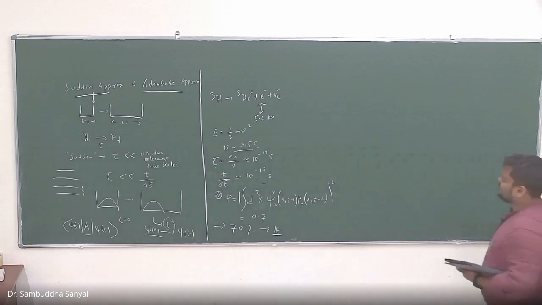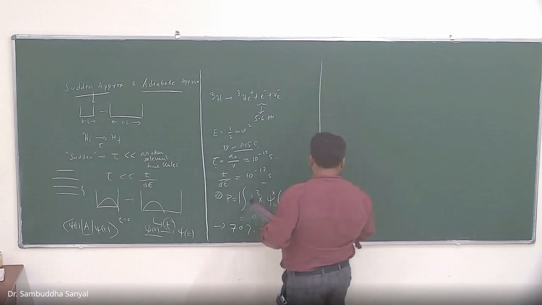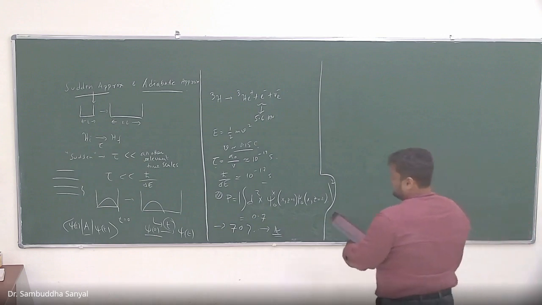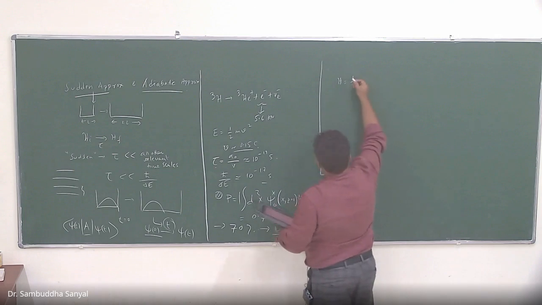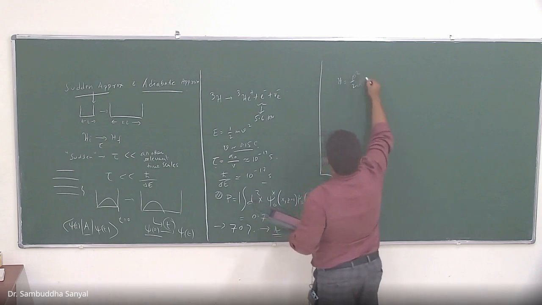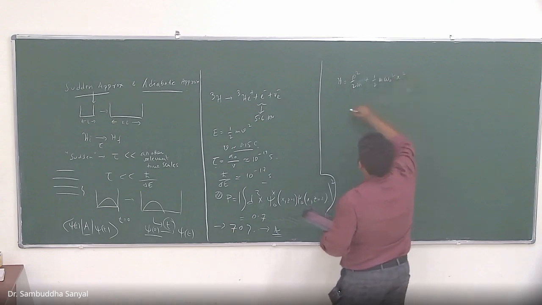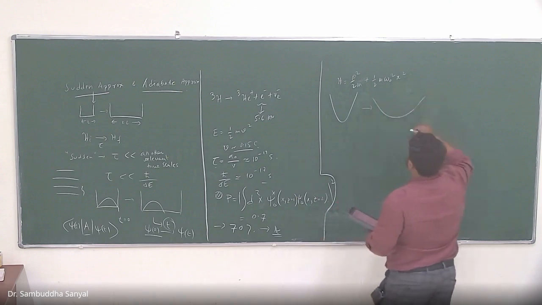Okay, so this is just one example of using a certain approximation. Another example I have discussed here is more simple. I have p square by 2m plus half m omega naught square x square, some oscillator like this, and I changed it to something like this.